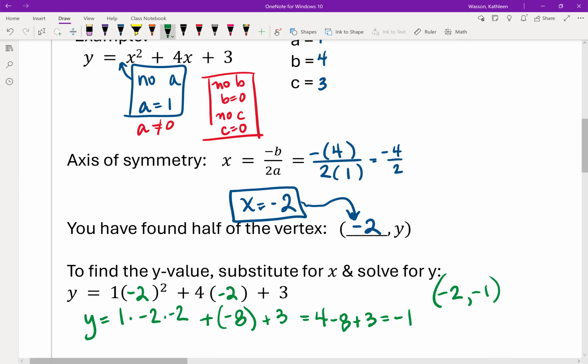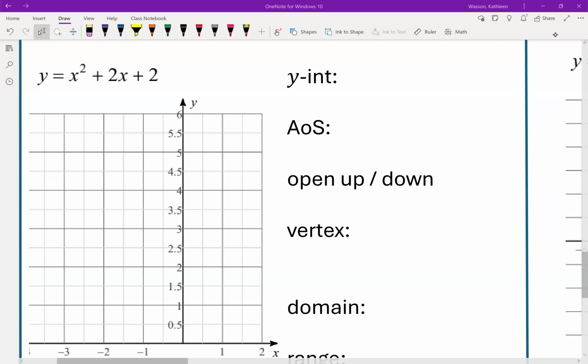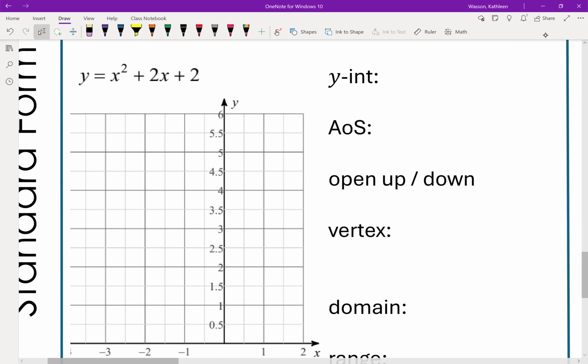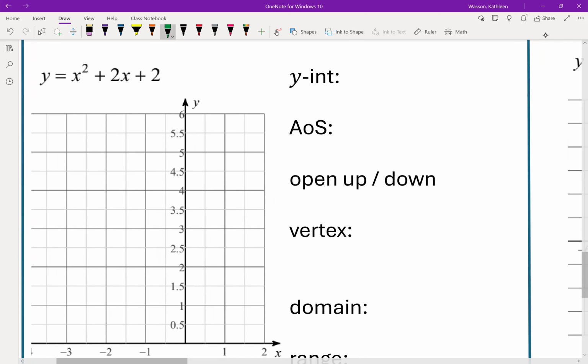Let's look at one that we can graph. For this equation, I'll identify A, B, and C first. A is 1, B is 2, C is also 2.